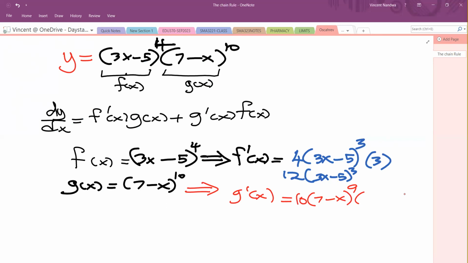No, there's nothing like opening brackets. I'm differentiating what is inside the brackets. That is what will give us du dx.